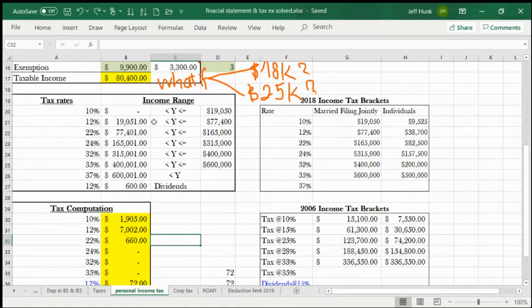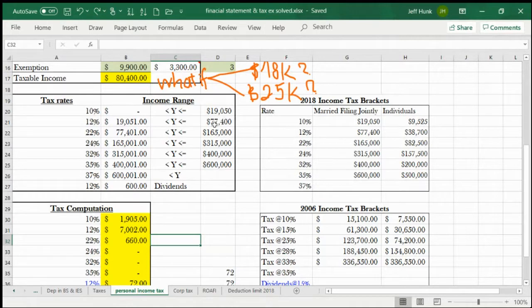So for the income beyond 19,000, there is a portion of their income that falls in the next range. Since they already paid 10% for this 19,000, they don't have to pay 10% anymore for the first bracket.